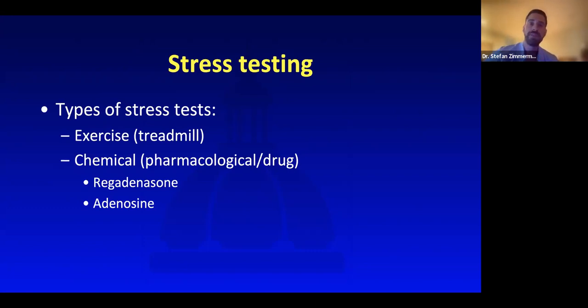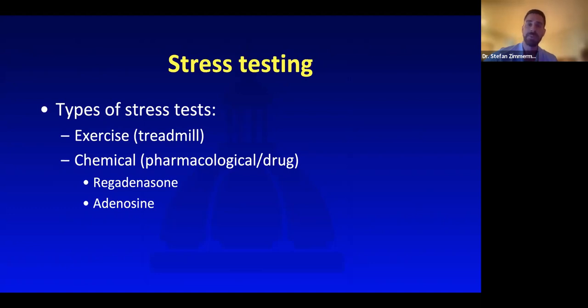So the reason we do stress testing is we're trying to look at the blood flow in the heart and tell if there are any blockages that might be causing less blood flow during exercise that could give patients symptoms. So the symptoms would be, maybe when you exercise, you're having shortness of breath, or maybe when you exercise, you're having chest pain. And again, those could be caused by blockages, limiting the amount of blood flow you get during exercise.